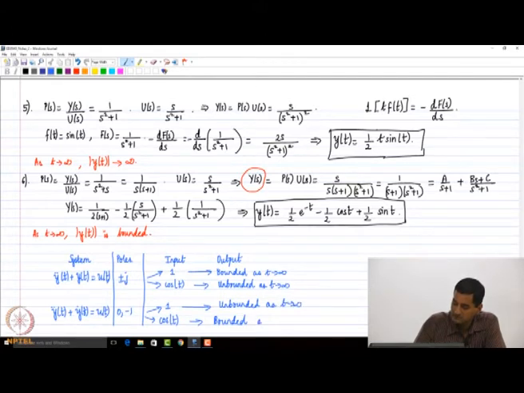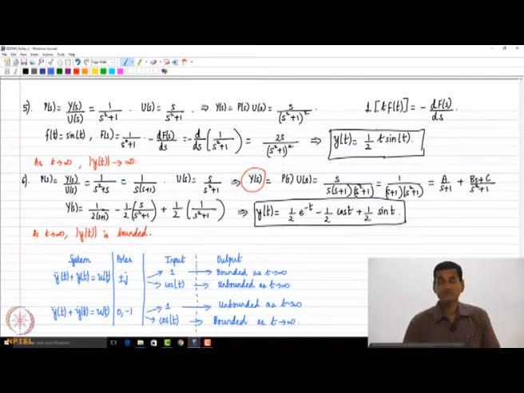Correct? Now, what do you think is happening here? Would you call these systems stable, unstable, or something in between? Both are unstable?